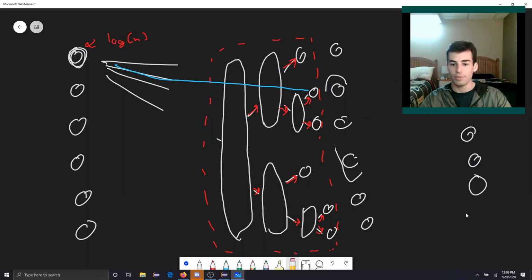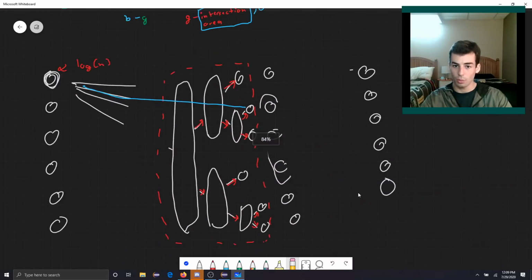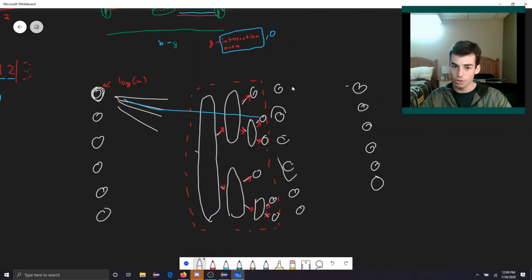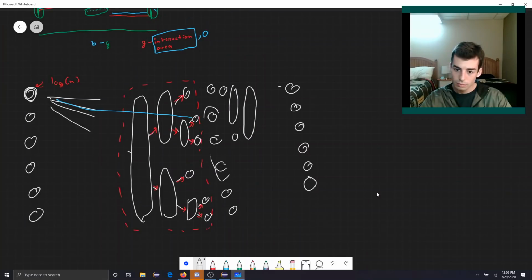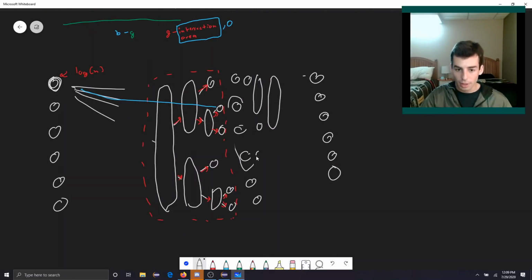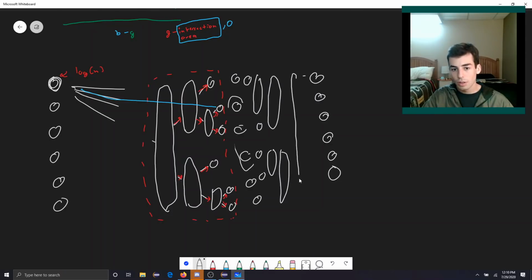Because if you associate these line segments on the right side with continuous ranges, then you get something like this. So here, this will be associated with some range like this, but you want that edge going this way.